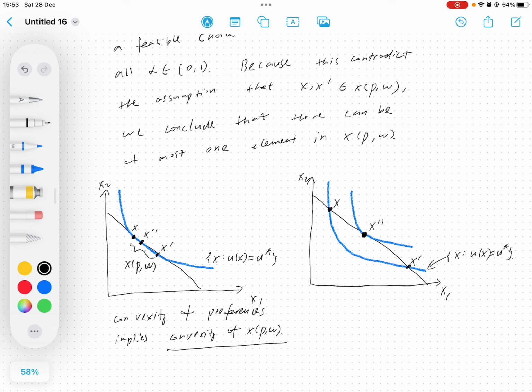Up to here, we have finished some properties of the solution set X given P and W for the utility maximization problem.